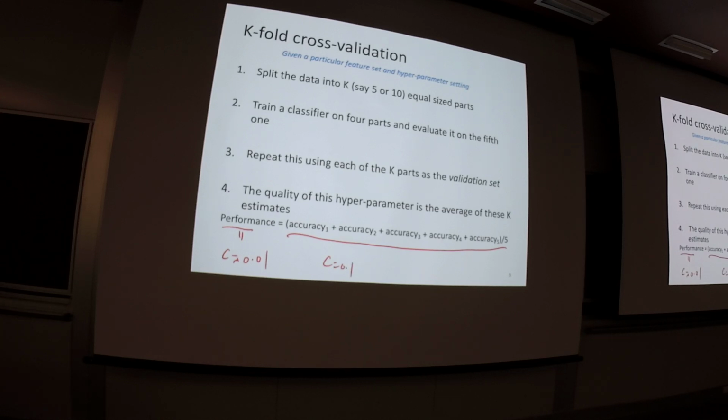I run this 5-fold cross-validation and get one performance. Then C equals 0.5, and so on, until you enumerate all candidate values up to 1,000 and get the corresponding performances. Then you compare all the average accuracies and choose the hyperparameter with the largest average accuracy. Then you'll find the best hyperparameter.